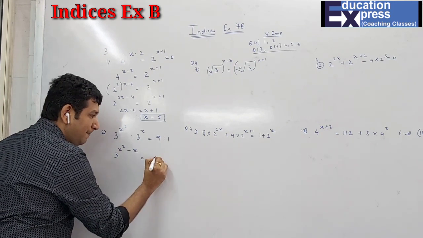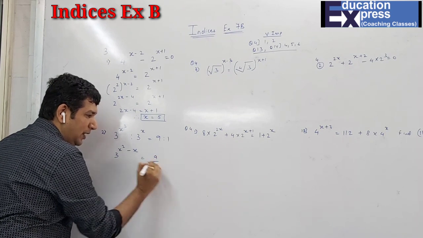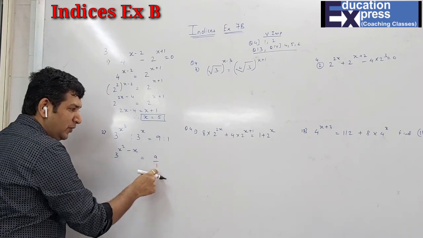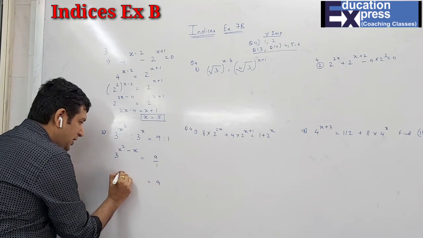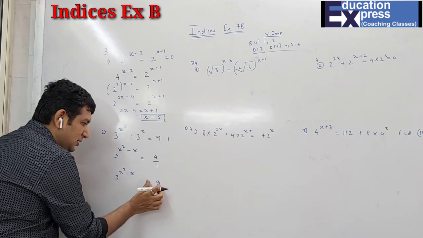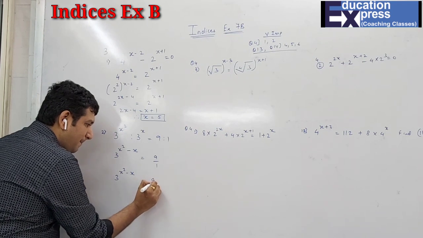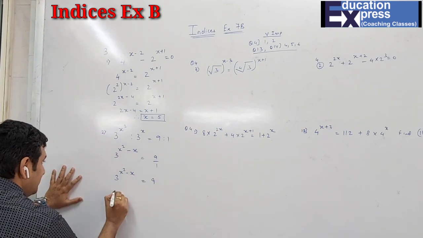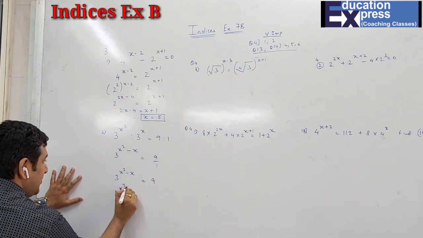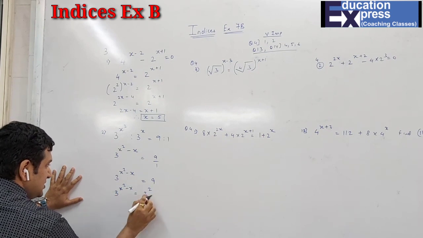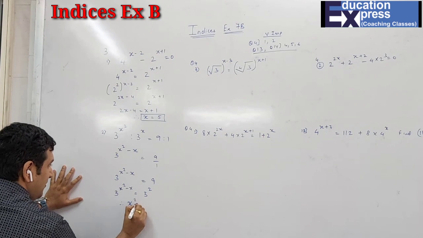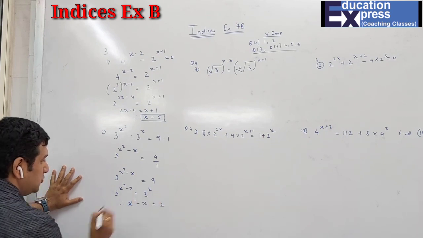So 9, if I take 9 is to 1, so 9 is to 1 is nothing but 9 only. And this will be 3 raised to x squared minus x. So now, what is 9? 3 raised to x squared minus x is 3 squared. So now bases are same. So x squared minus x equals 2.